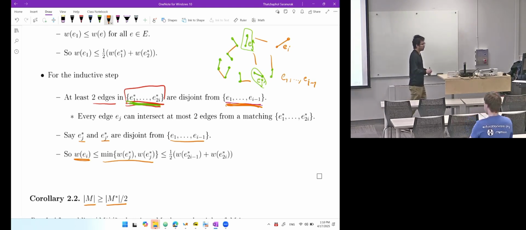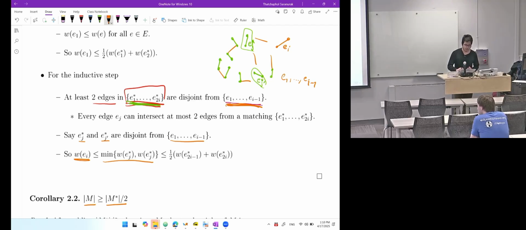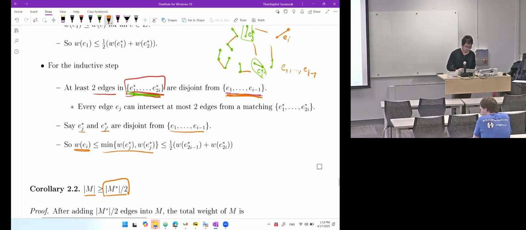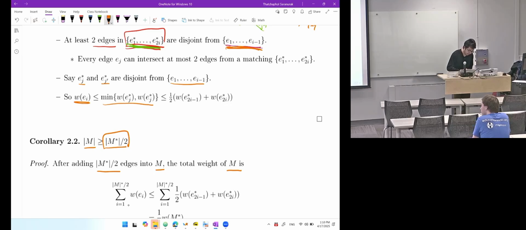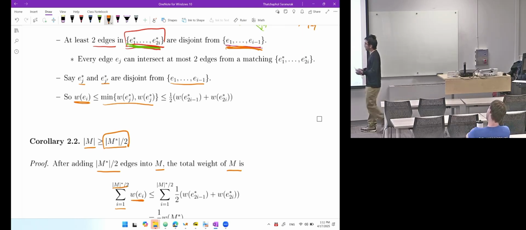Okay. So let's try to analyze the weight after adding this many edges into M. After adding this many edges into M, the total weight of M is just going to be the weight of the first M star over 2 edges in M. Just sum the weight here. But from our proof, we know that the weight of each of these is at most the average of these two guys in M star.